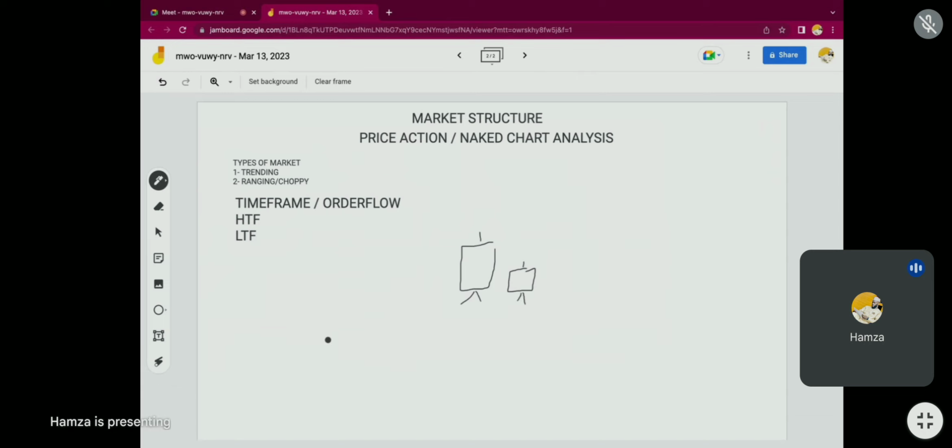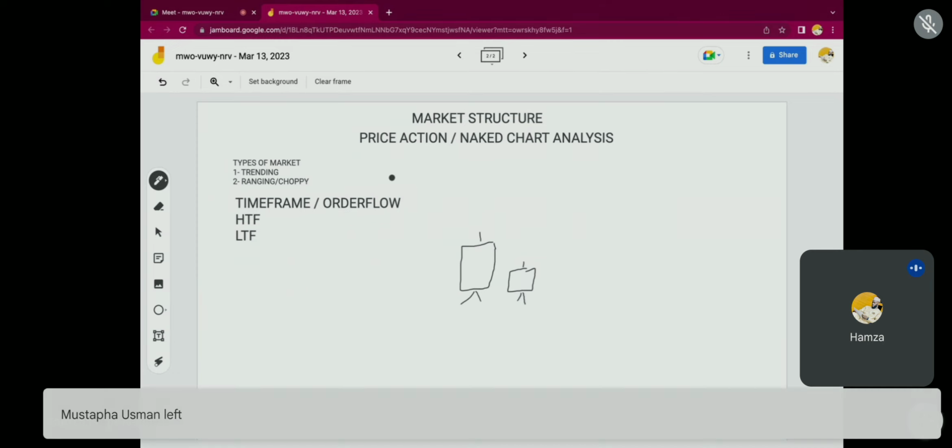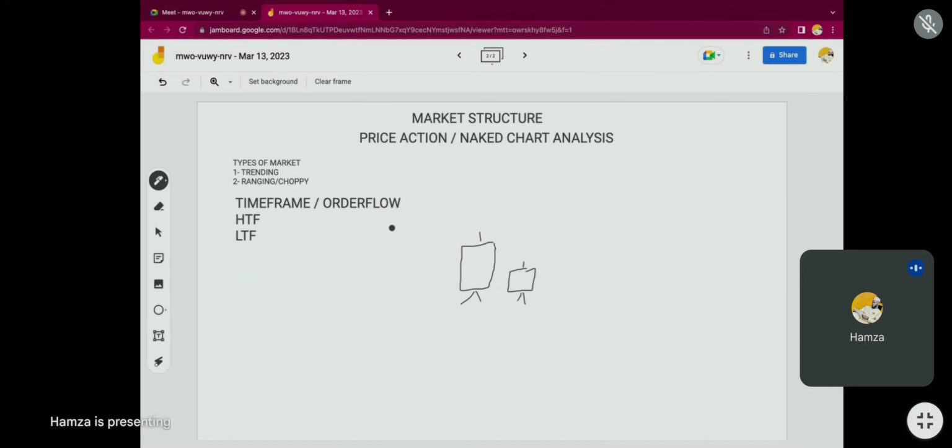If you want to build up a narrative and know what the order flow is in the real sense, you start with the higher time frame. I'll show you how to navigate. Will come a day I will use my phone to hold a session and show you how to navigate both MetaTrader and TradingView. You have to know how to switch through time frames.